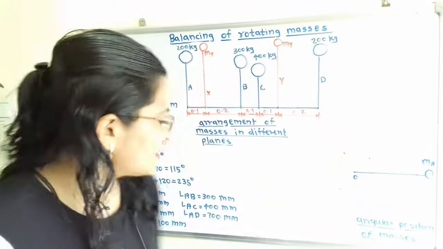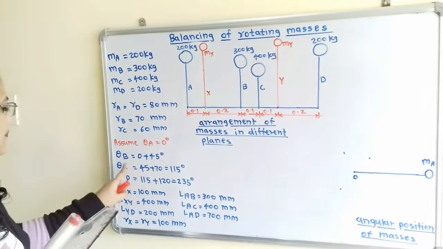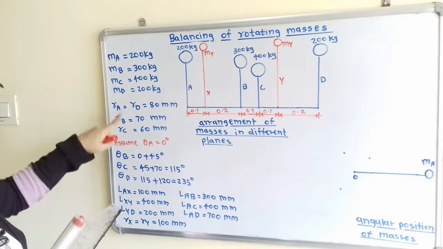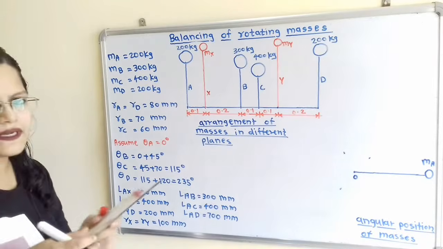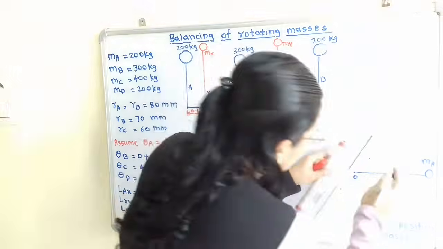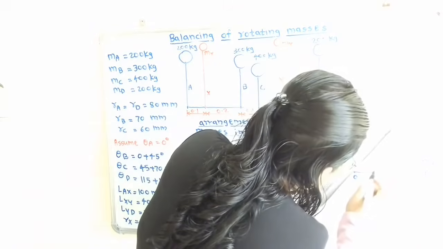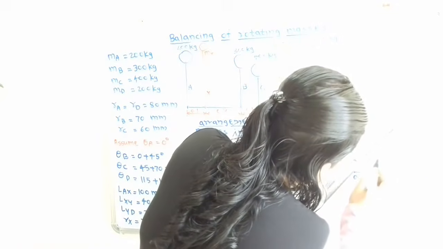So this angle theta B is equal to 45 degree, and RB is 70 millimeter, that is 7 centimeter, we have to consider, and we will draw here one line. So this will be MB, which is at 45 degree. So we will mention here 45 degree.